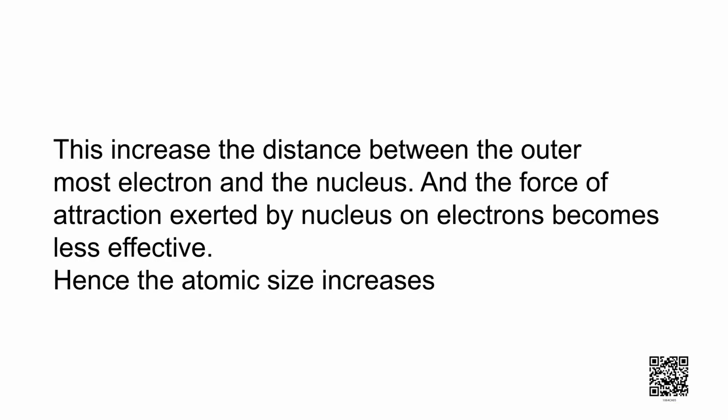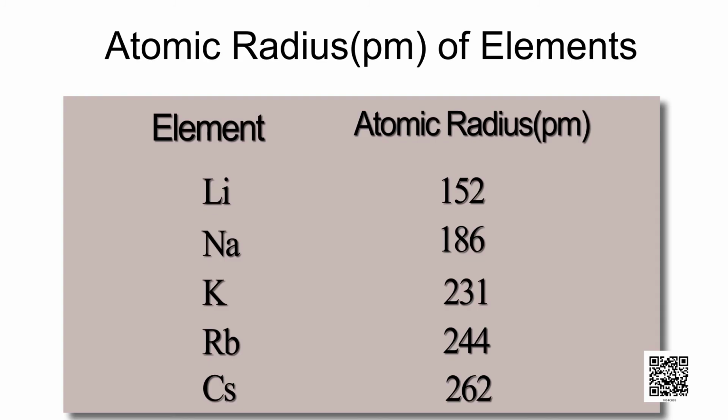This increases the distance between the outermost electrons and the nucleus, and the force of attraction exerted by the nucleus on electrons becomes less effective. Hence, the atomic size increases. Here you can see the change in the atomic radii of different elements present in the first group, which is increasing from up to down.